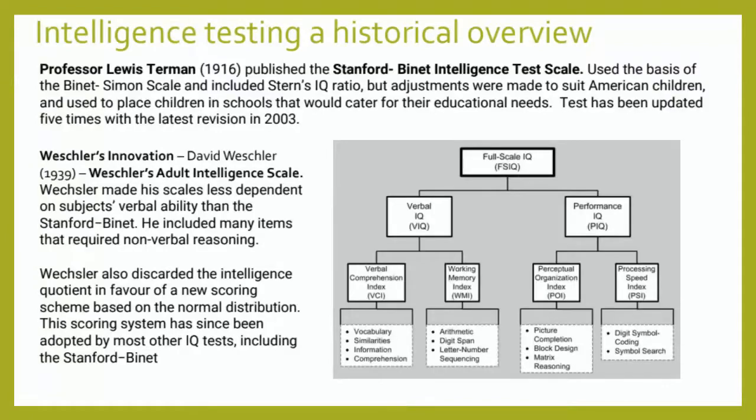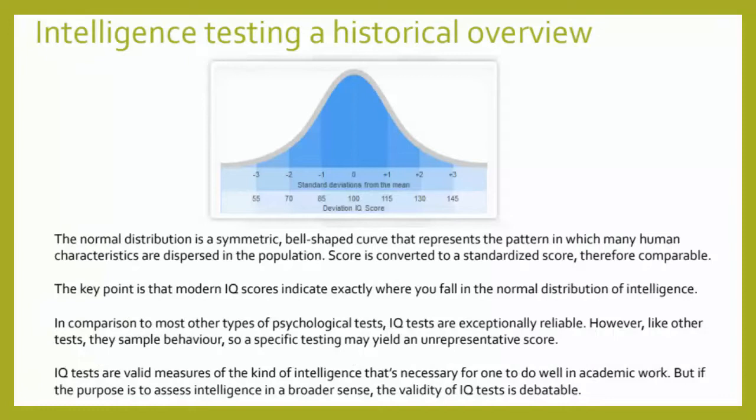But what he basically did was he put intelligence on a bell curve, okay, and that's a normal distribution across a population. And we see it in many characteristics, this bell curve, and it's basically saying that within a population, this is how characteristics are dispersed.